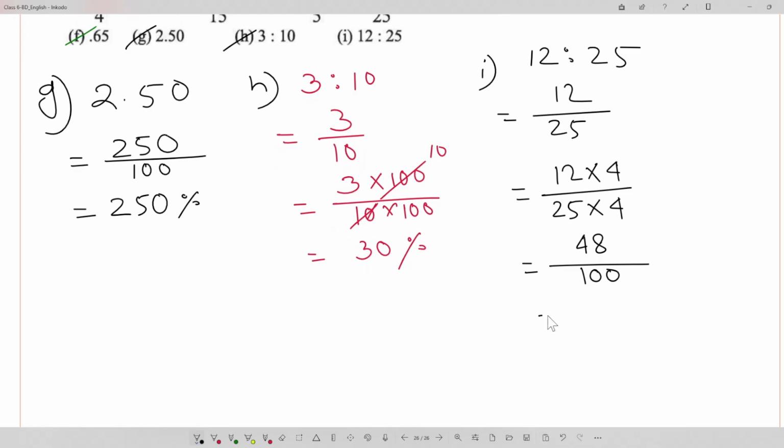So the answer will be 48%. Similarly we can do this, 12 times 100 divided by 25 times 100, right? Then this 100 we can divide by 25, so it will be 4. So finally 12 times 4 is 48, and against 1 by 100 we can write percentage.